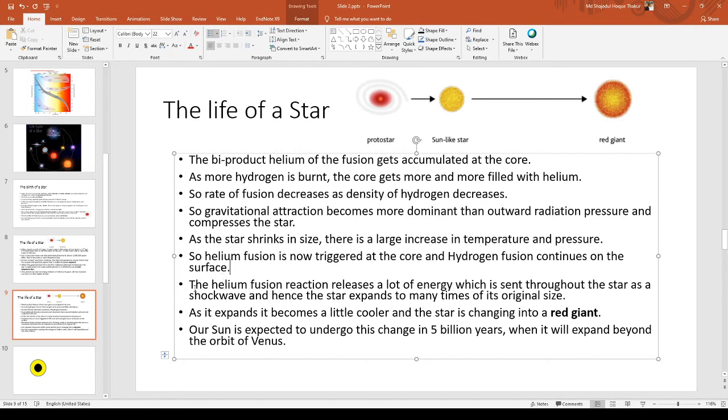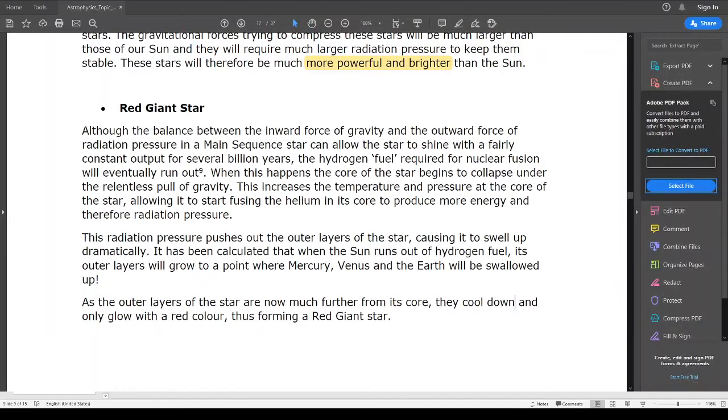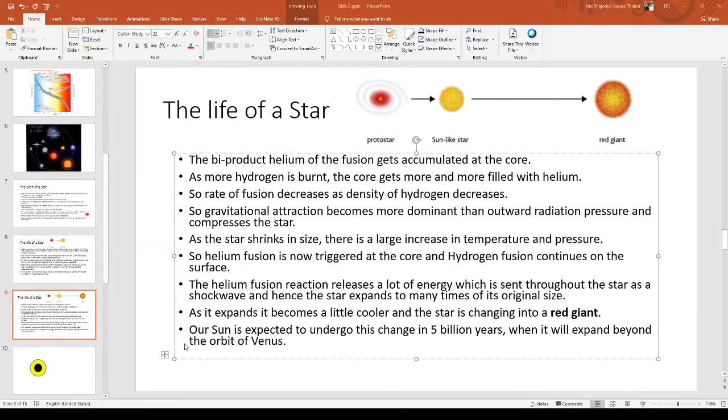Now the helium fusion reaction releases a lot of energy which is sent throughout the star as a shock wave, and hence the star expands to many times its original size. As it expands, it becomes a little cooler and the star is changing into a red giant. Is this clear? So it has now changed into a red giant.